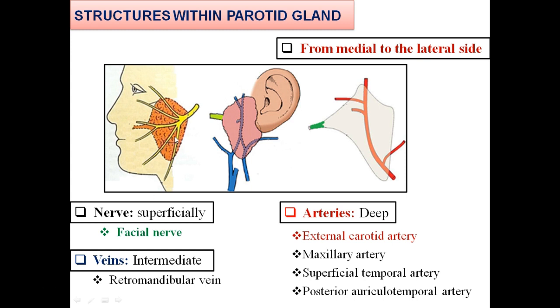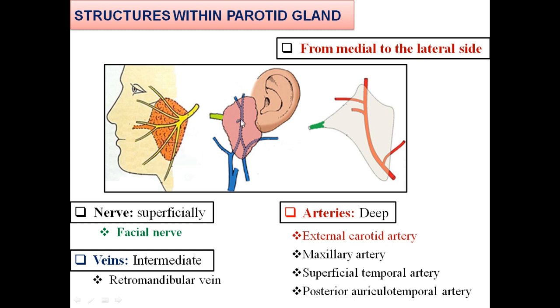The facial nerve passes through the stylomastoid foramen, then enters the posterior-medial surface of the parotid gland. It gives two trunks, temporal trunk and cervicofacial trunk, and then gives the five branches.